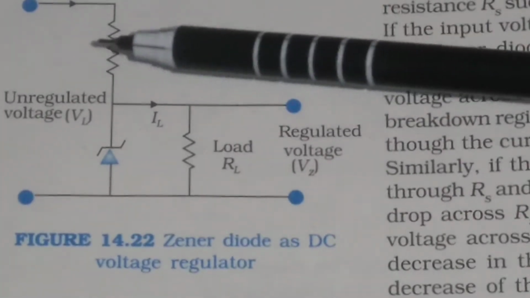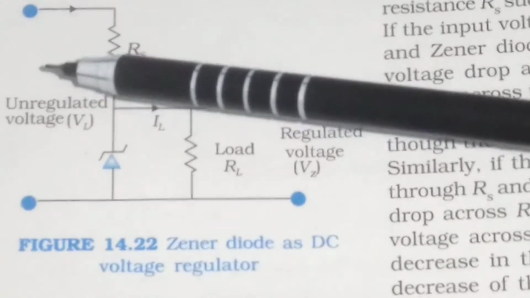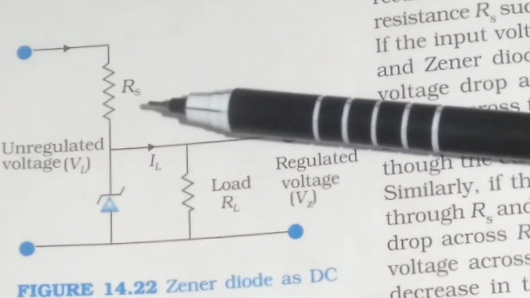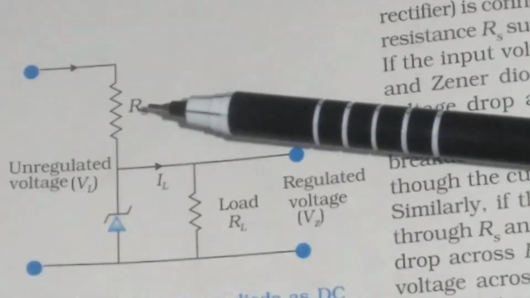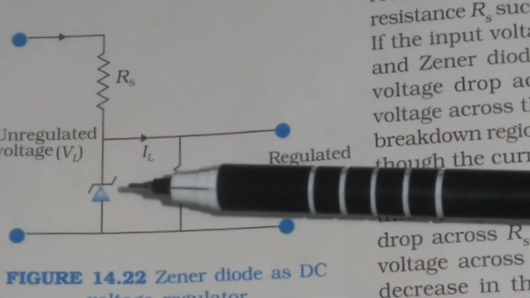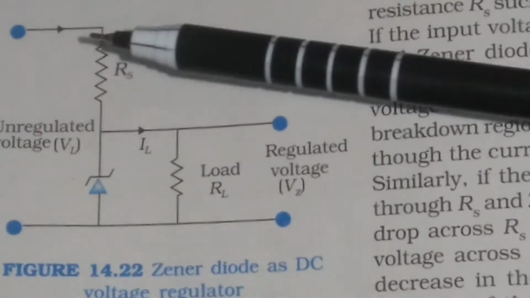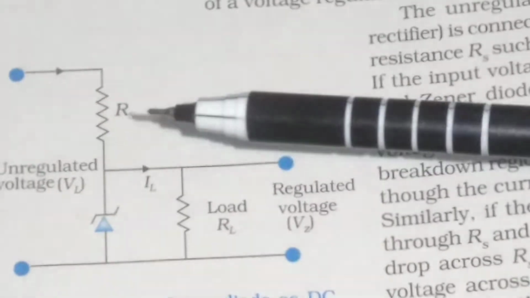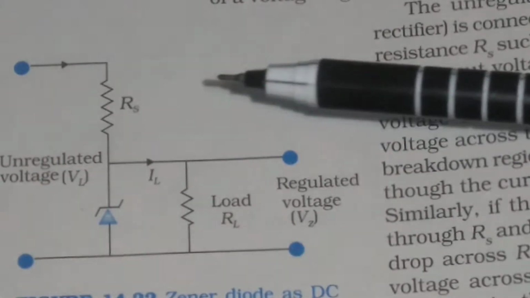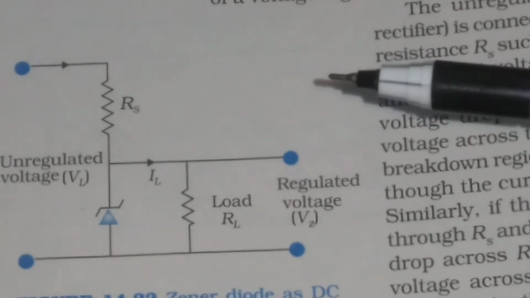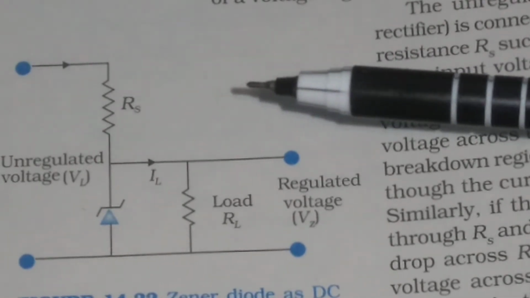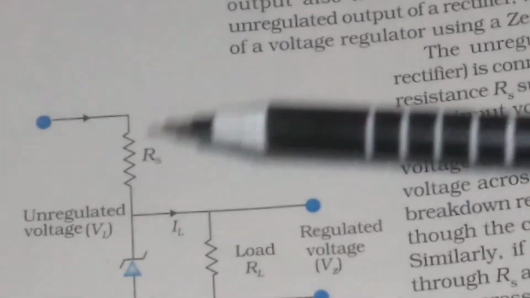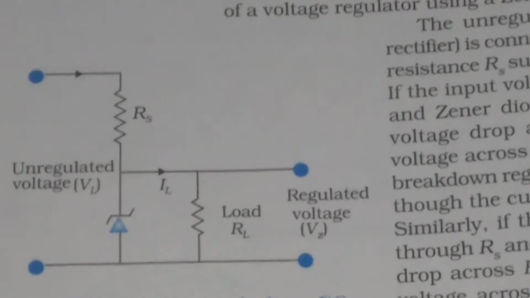You see, if the input voltage increases, the current through this series resistor and the Zener diode also increases. So the voltage drop across RS increases.